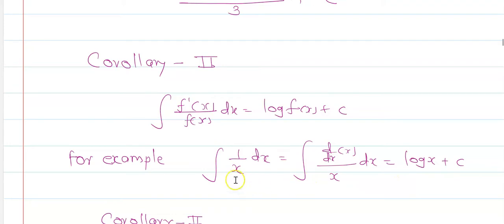Its integral is log of f of x. But what is f of x? f of x is x. Therefore, the integral of 1 upon x dx is equal to log of x plus c. And one more thing: what is the derivative of log of x? The derivative of log of x is 1 upon x. Therefore, the integral of 1 upon x is log of x.